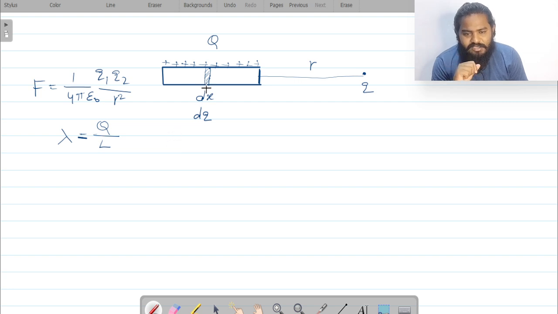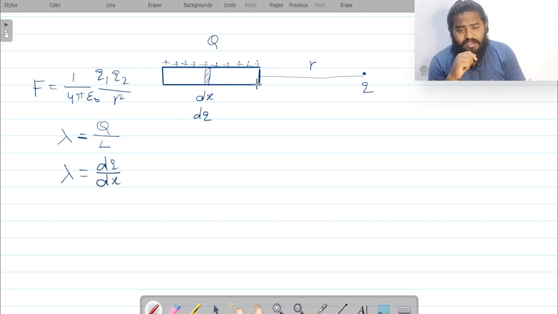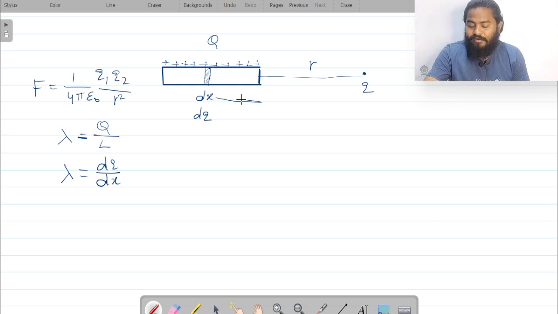Since the rod is uniformly charged, I can write lambda as dq by dx also, because the density is the same throughout the rod, right? Let's consider that from here to here the distance is x.